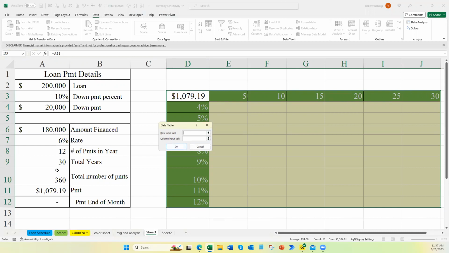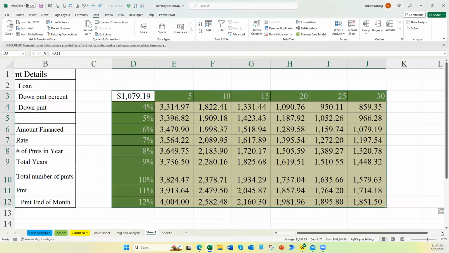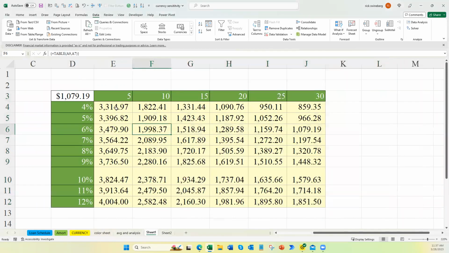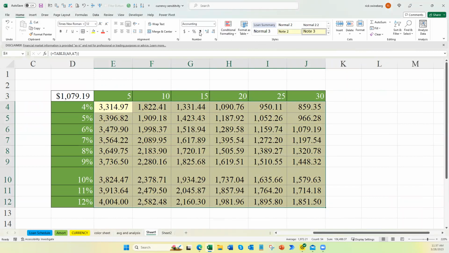So here we got 30, which corresponds to this one. And the column input is percentages. So we're going to hit this because that corresponds to that. And there it is. I'm just going to clean it up a little bit for you.